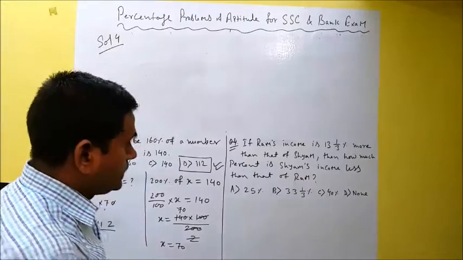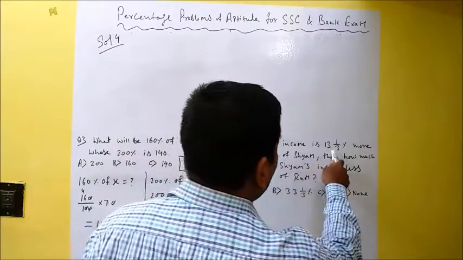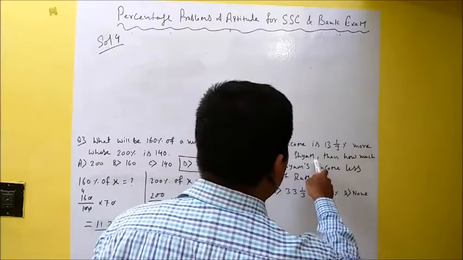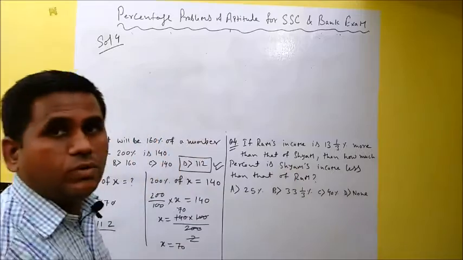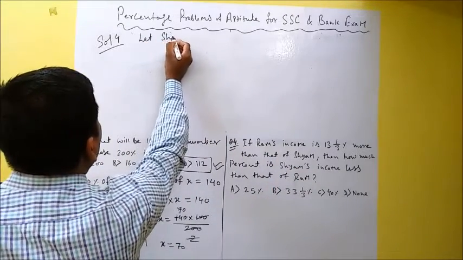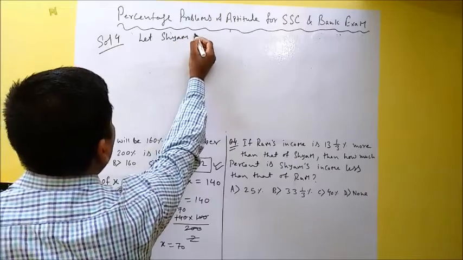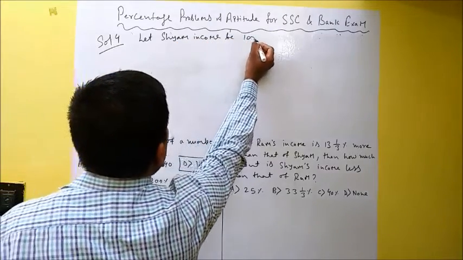Now let us go step by step. Ram's income is 13 1 by 3% more than that of Shyam. So this is in percentage. What we will do is assume Shyam's income to be 100.